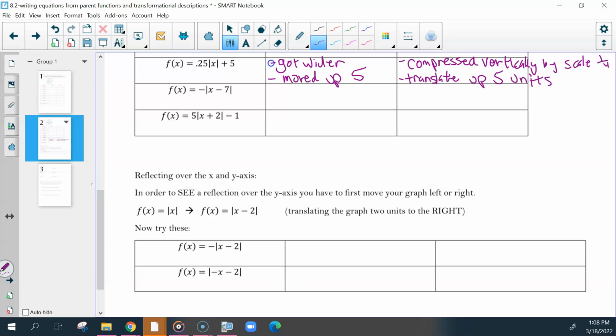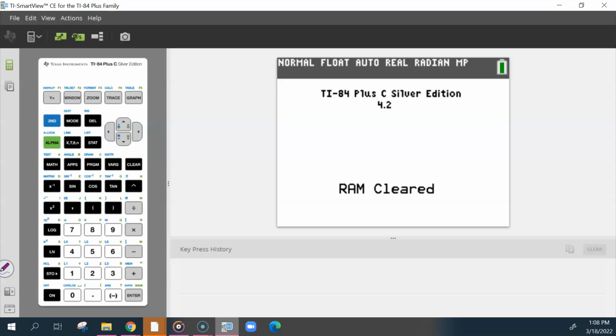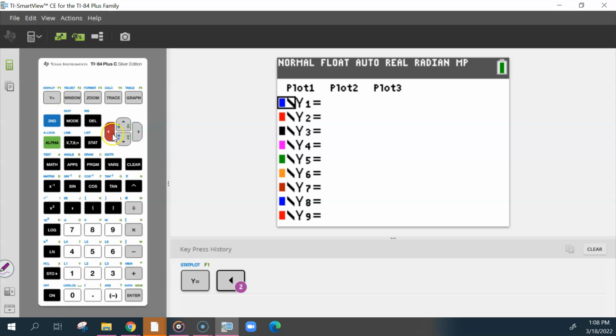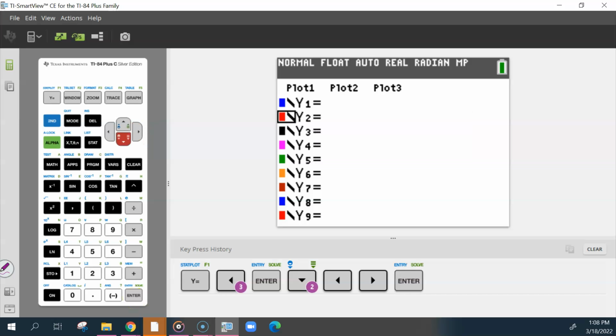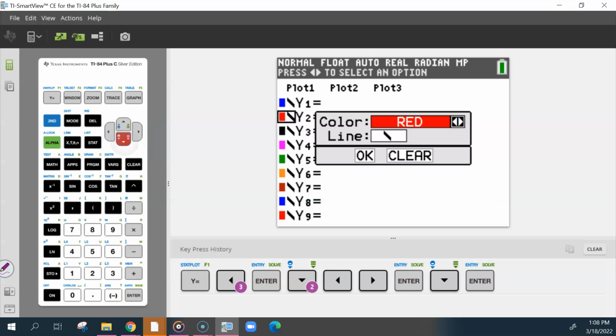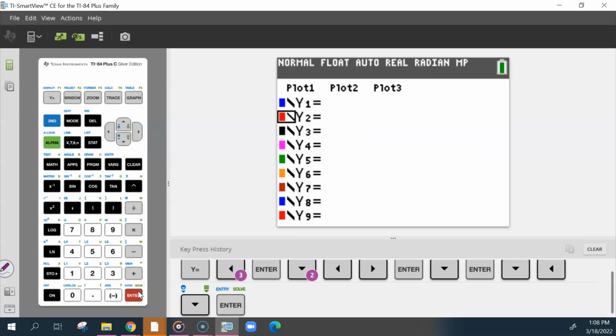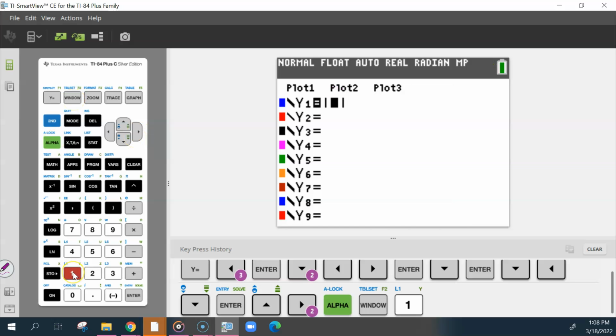Right, now to test that, to see if it did those two things, I'm going to put my parent function back in and see what happens. So I had this in here, but I changed some of the settings. So let's go back. I think this is actually thick. And we'll change this to a thinner line, but I'll keep the color red. So this would be my alpha window, absolute value of x, so that's my parent function.